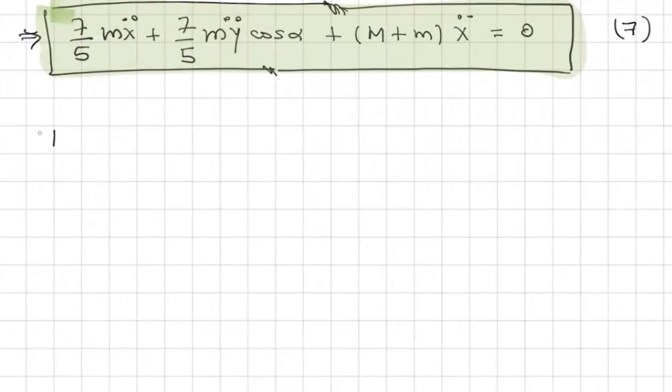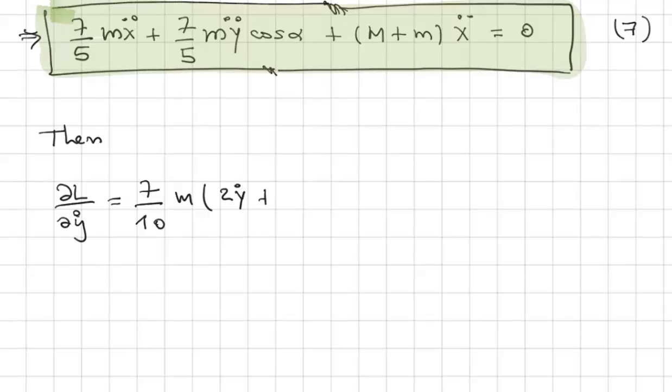So let's write the derivative with respect to y dot of the Lagrangian. We have dL/dy dot equal to 7/10 of the mass. As we know, the derivative of x dot squared is 0, the derivative of y dot squared is 2y dot, plus the derivative of the next term, 2x dot y dot cosine of alpha, which is 2x dot cosine of alpha.